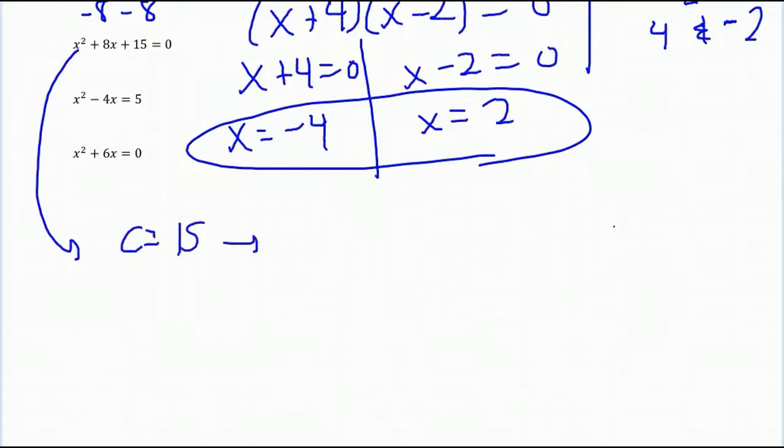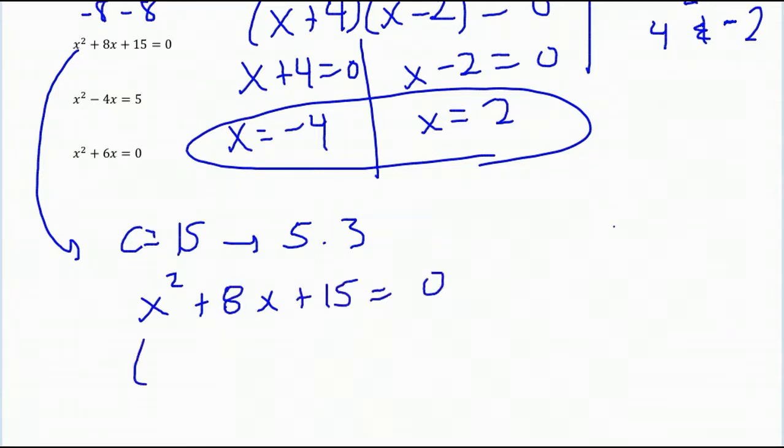Two things can multiply together to give you 0 if and only if one or both of those expressions is equal to 0. Looking at the second equation now, our constant term is 15, which is 5 times 3, and 5 times 3 adds up to positive 8. So we're going to rewrite our polynomial x squared plus 8x plus 15 as the product of the two linear factors x plus 5 and x plus 3.